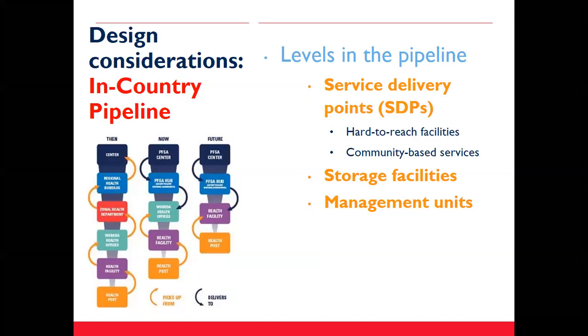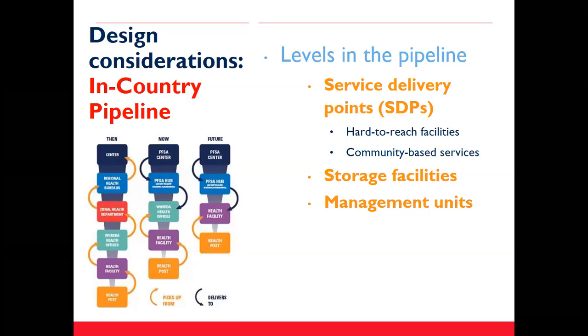These may be through community health workers and basic and more comprehensive health facilities, such as dispensaries and health centers, hospitals, and reference hospitals. You may also have hard to reach or community level facilities that are resupplied less frequently and could be assigned a different max and min stock level than other service delivery points.